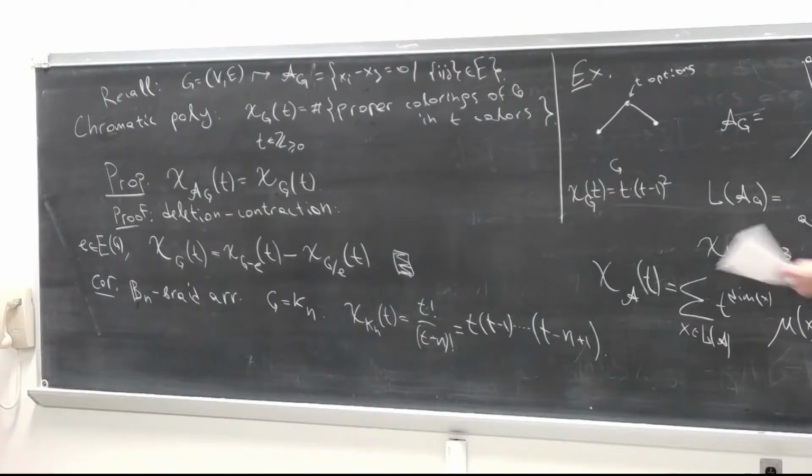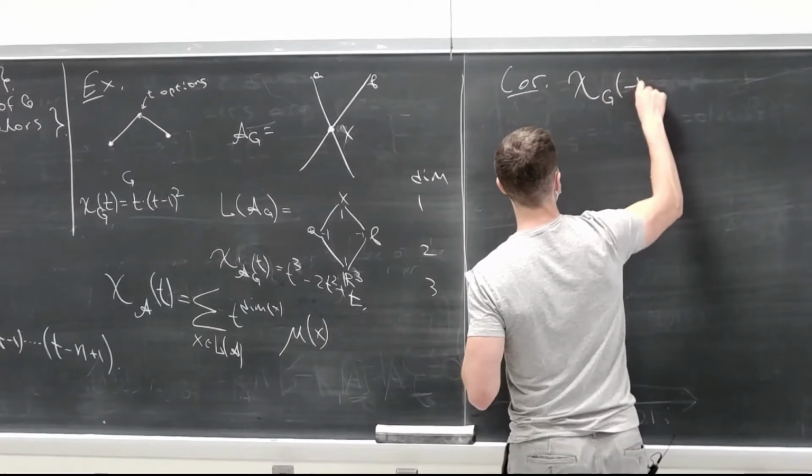All right, and let me mention one interesting corollary. So far, everything was pretty trivial, but now here's the corollary. Let's say I take a graph, I take the chromatic polynomial, and I plug in minus 1 as the number of colors.